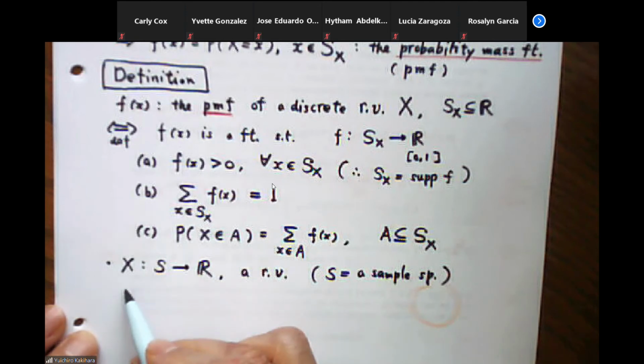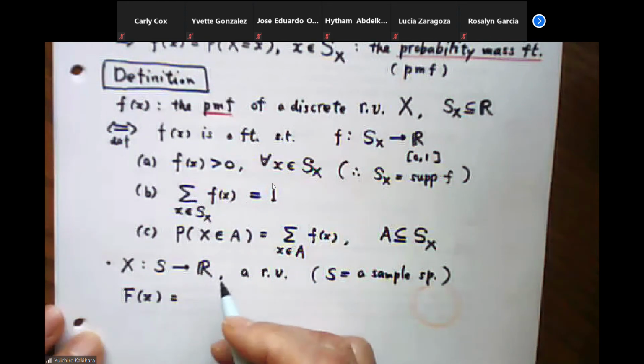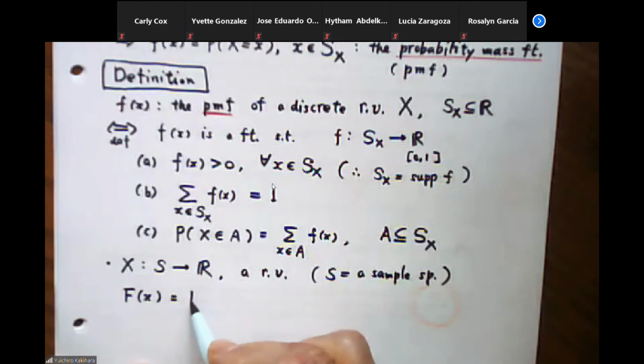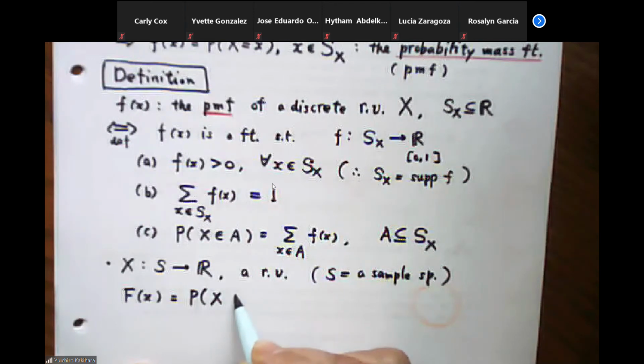And then we define capital F of x. It is the probability that the random variable X takes a value smaller than or equal to x. For any real number x, the probability that the random variable X is smaller than or equal to x can be considered.